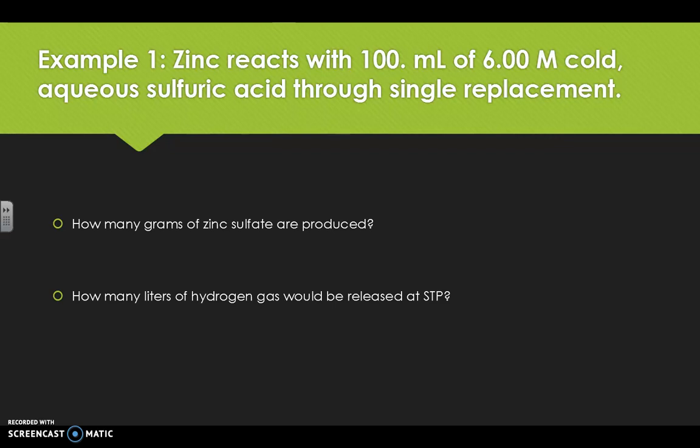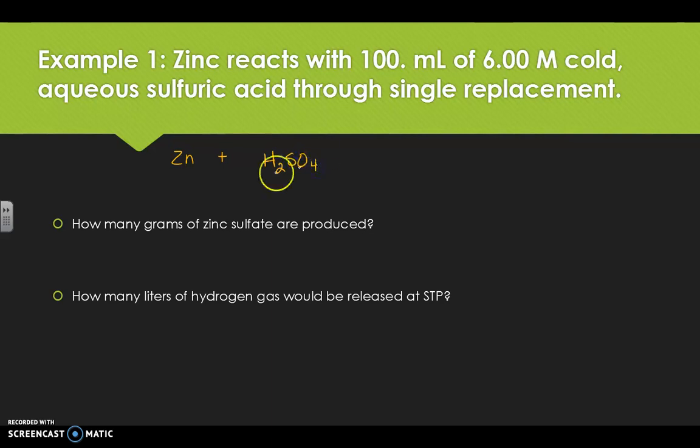So example number 1 says zinc reacts with 100 milliliters of a 6.00 molar cold aqueous sulfuric acid, that's a solution, through single replacement. Okay, this is giving you all the information you need in order to write the reaction. So we know in this reaction we have zinc reacting with sulfuric acid, H2SO4.